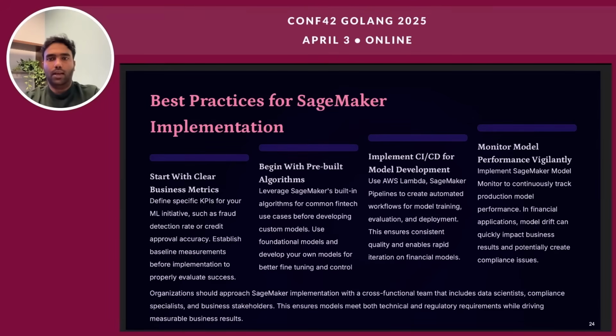Utilize AWS Lambda and SageMaker Pipelines to create automated workflows for model training, evaluation, and deployment. This ensures consistent quality and enables rapid iterations on financial models. Use SageMaker Model Monitor and CloudWatch logs to continuously track the model performance and identify any drifts causing customer impact or compliance issues.